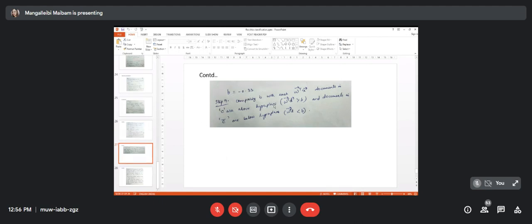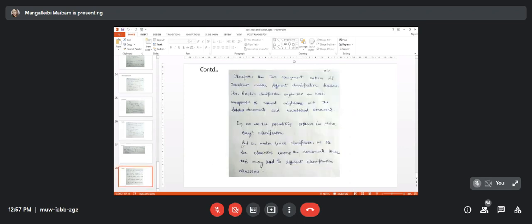Finally, this B we have to compare with W vector, X vector, then we can separate the hyperplane. Comparing B with each W vector, X vector, documents in C are above the hyperplane since this value is greater than B, and documents in C dash are below the hyperplane since this value is less than B. So we have two regions here. The documents in China class are above the hyperplane, and documents in North China class are below the hyperplane.